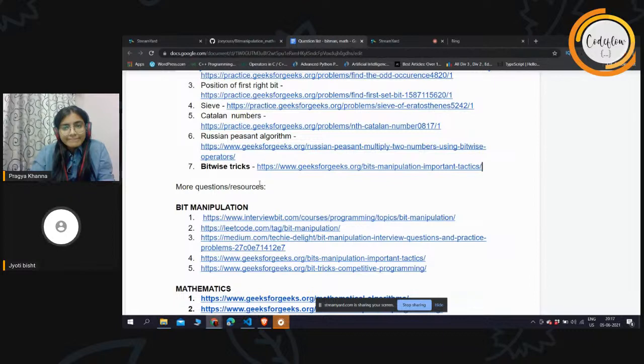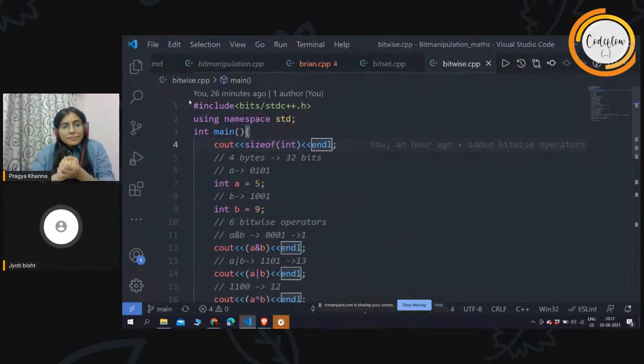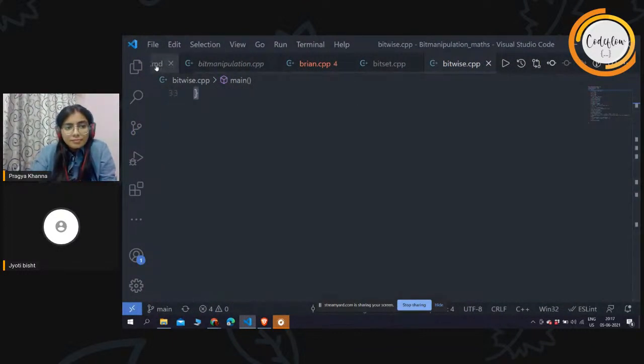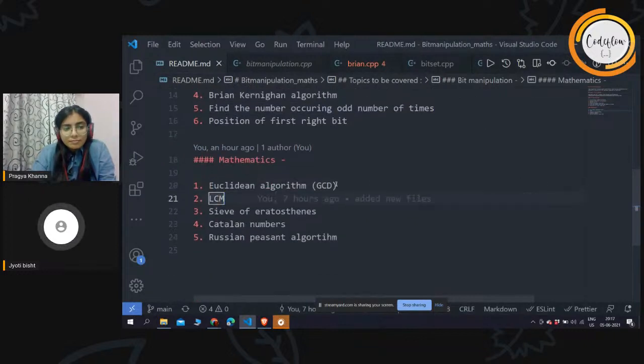So let's start with maths now. I'll be really quick in LCM and GCD, because this is something everyone should know.